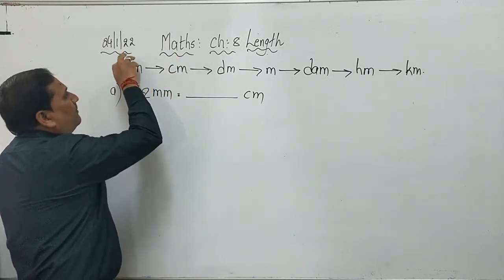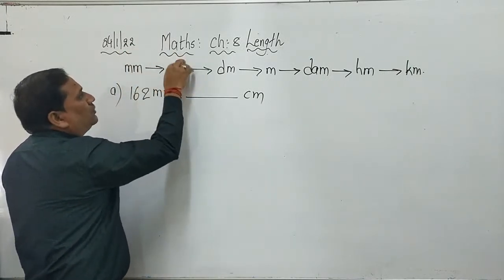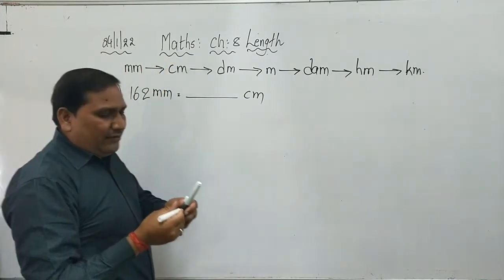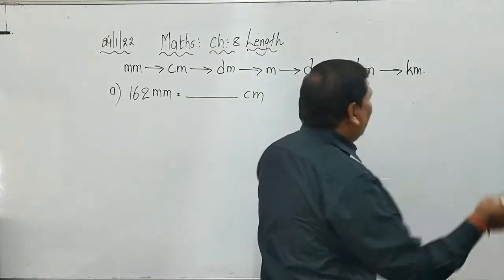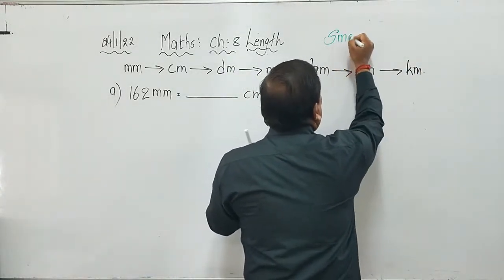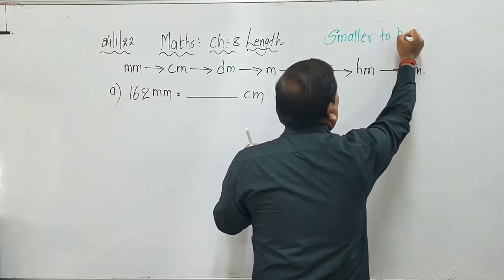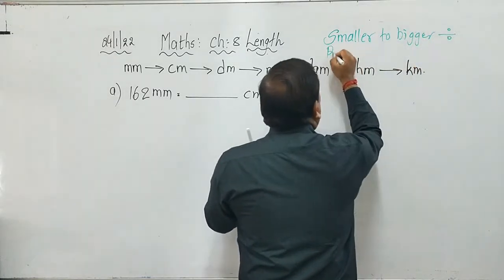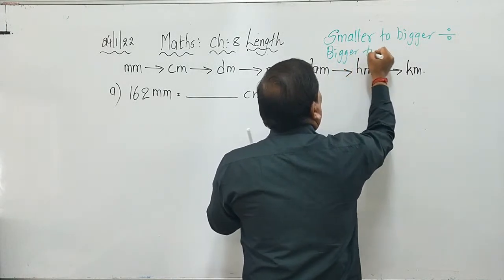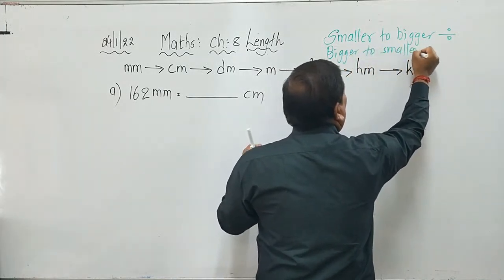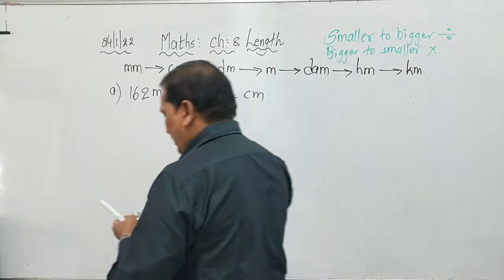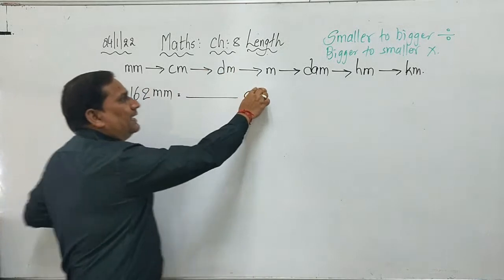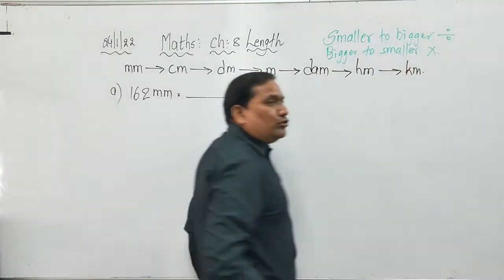So from smaller to bigger, that means divide. Also remember: smaller to bigger, divide; bigger to smaller, multiply.